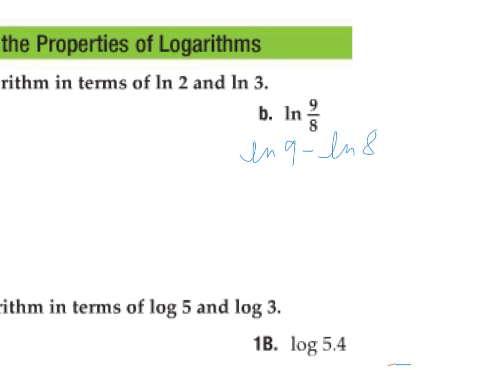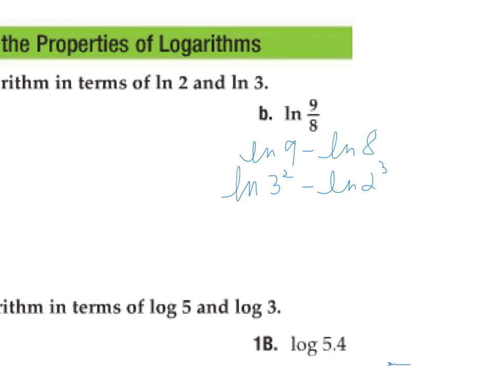Now, it still isn't written in terms of the natural log of 2 or 3, but I do know that I can rewrite 9 in terms of 3, which would be the natural log of 3 squared. That's the same as 9. And for 8, I can write it with a base of 2, which is the natural log of 2 cubed.